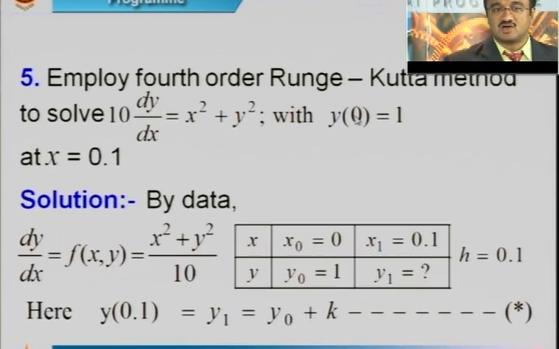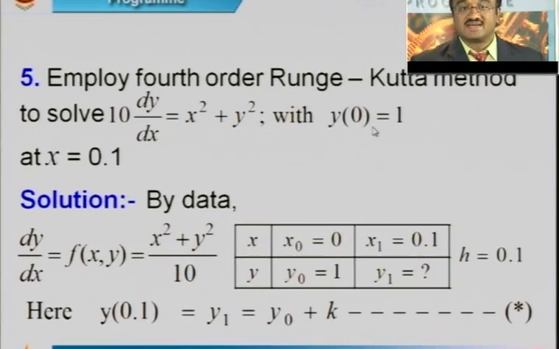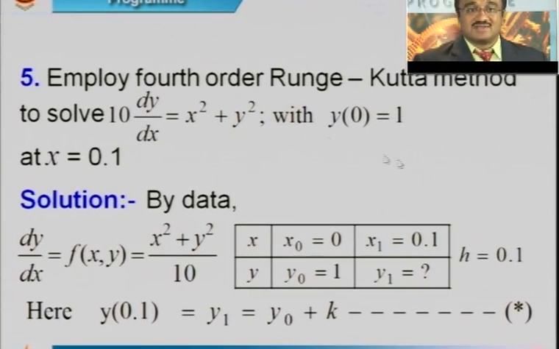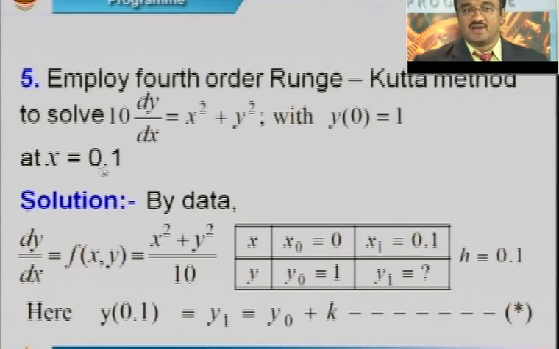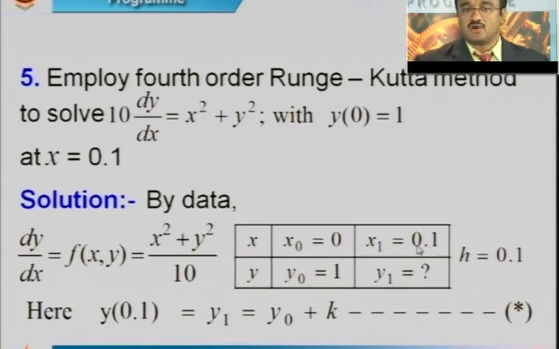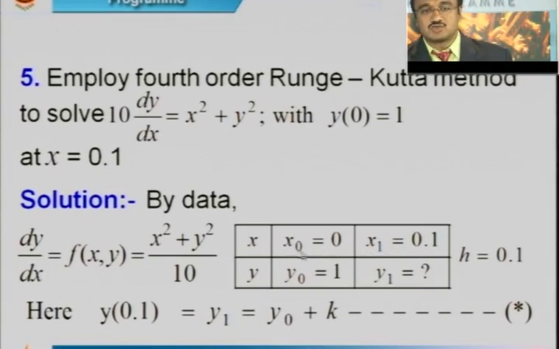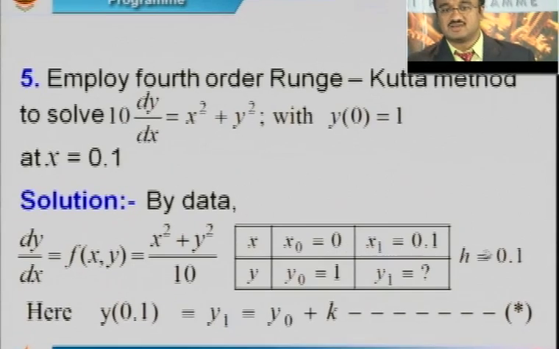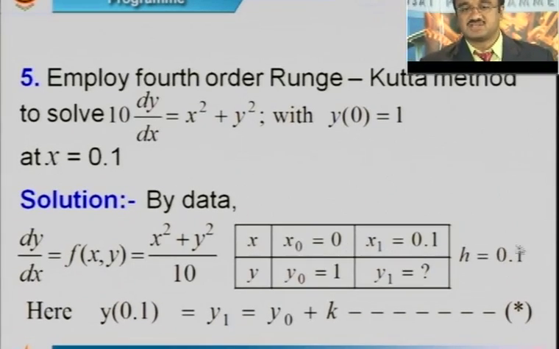In a similar way, I write down the data. x0 is 0, and the corresponding y0 is 1. And x1, they asked us to find, is 0.1. Again y1 is the unknown we are going to find. The difference of x0 and x1 is the step length h, which is 0.1.